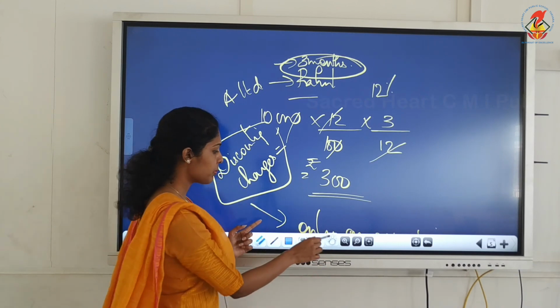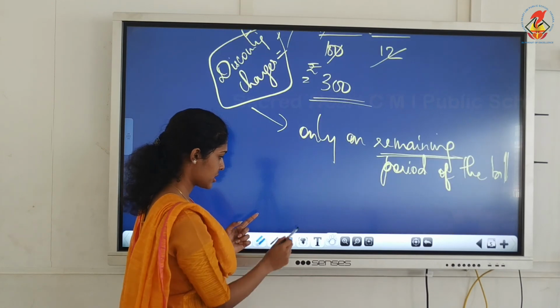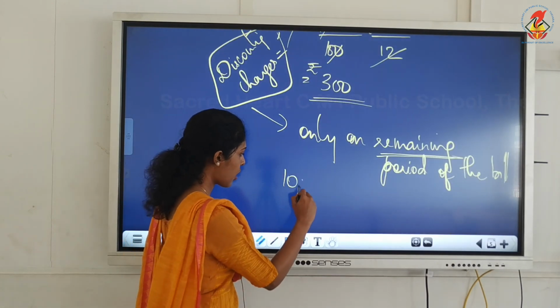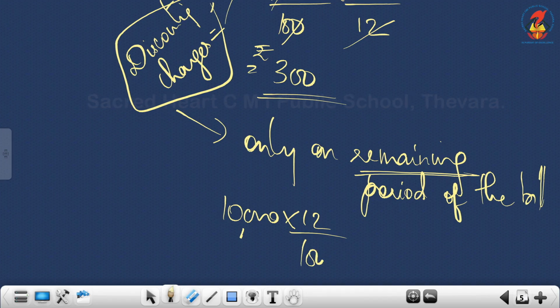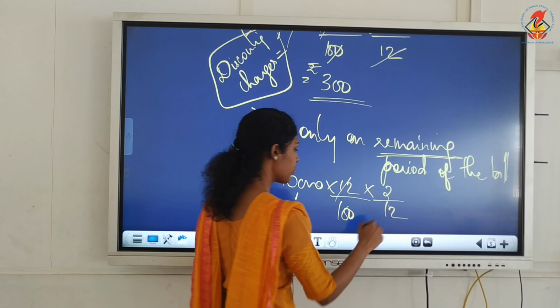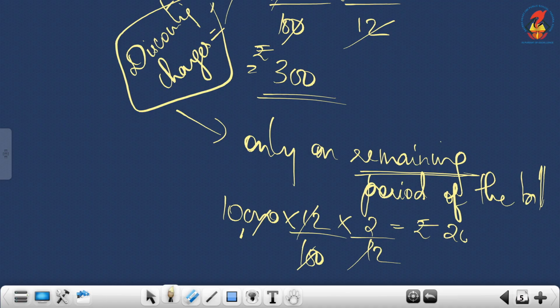So when you compute this discounting charges, that is 10,000 into 12% into, can you write 3 by 12? No, you have discounted this bill only after 1 month. Then how many more months you have till the date of maturity? It is only 2 months. Understood? So that amount will be 200, not 300.